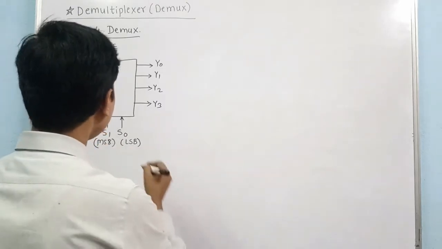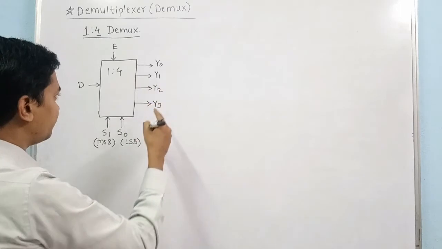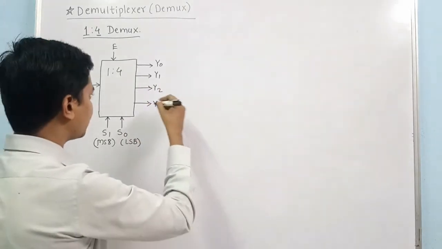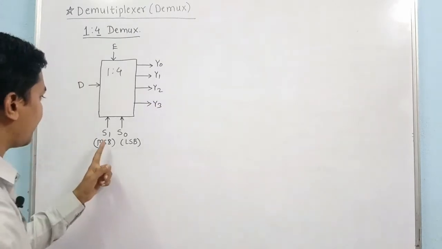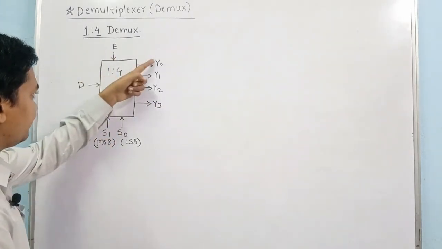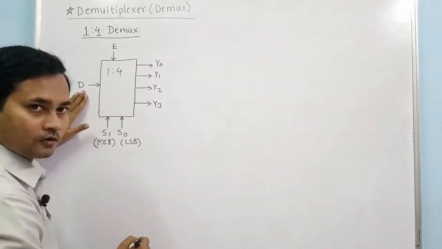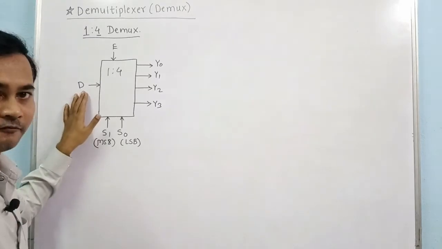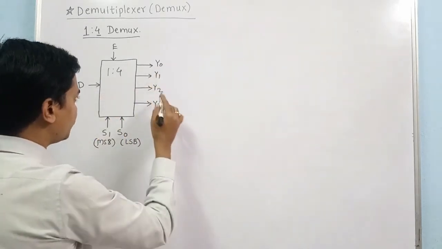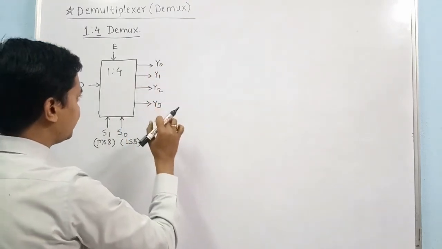The next step is to draw the truth table. How to draw the truth table? By considering S1 S0, enable and these 4 outputs. We will not consider the D line here because the D status will vary, so D will come into the output equations.